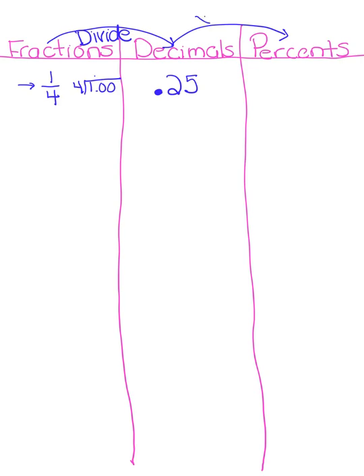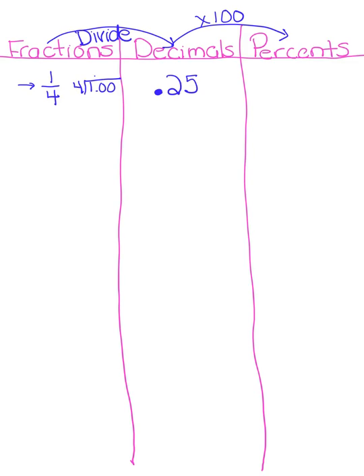Now, as we go from decimal form to percent form, as we discussed before, this is just a reminder, we're going to multiply by 100. Percent means out of 100. So, as we convert to percent form, you're simply going to multiply 0.25 by 100. You can do this on your calculator, but it's a simple little trick that we apply to speed up the process.